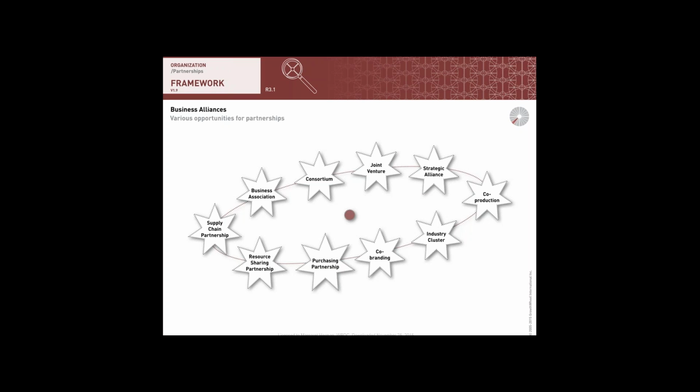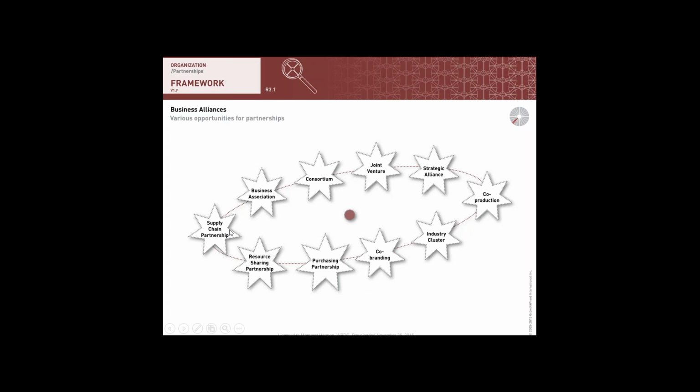Okay, so let's look at this business alliance framework. Here are some opportunities. They've kind of categorized these opportunities for you. If you look in the lower left-hand corner, resource sharing partnership is one of the places where early startups often begin, and then sharing and participating in business ownership.